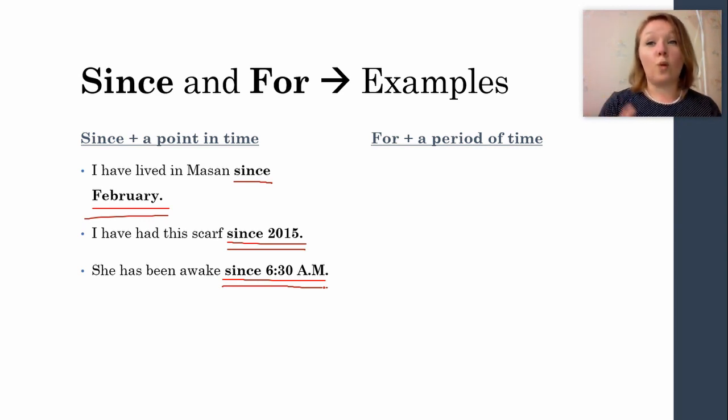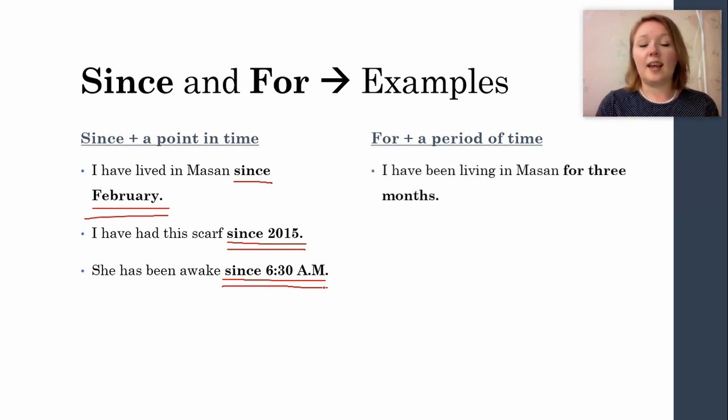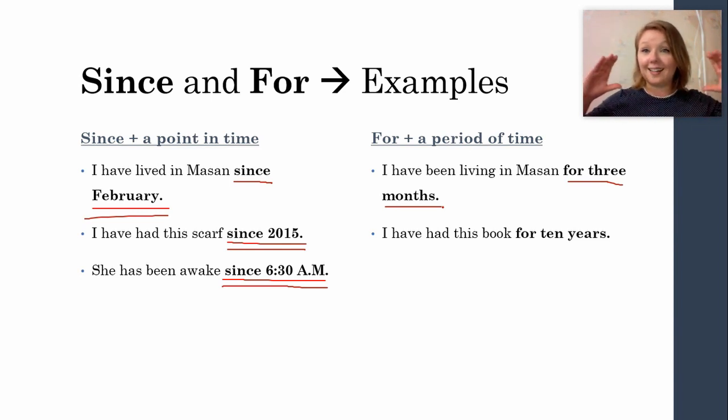Now let's look at for. Remember, we use for to talk about how long, right? A period of time, not a point in time. So I could say, I have been living in Masan for 3 months. That's how much time, for 3 months. I could say, I have had this book for 10 years.